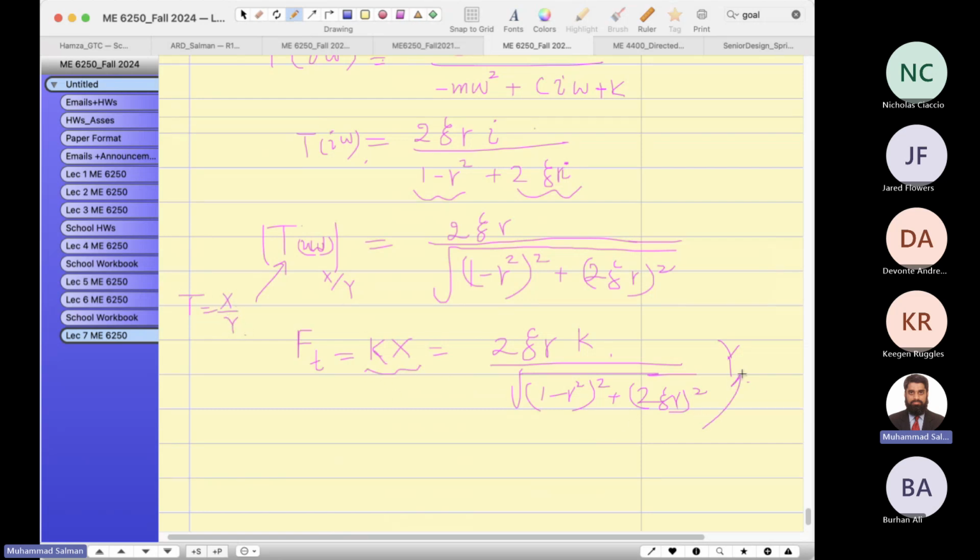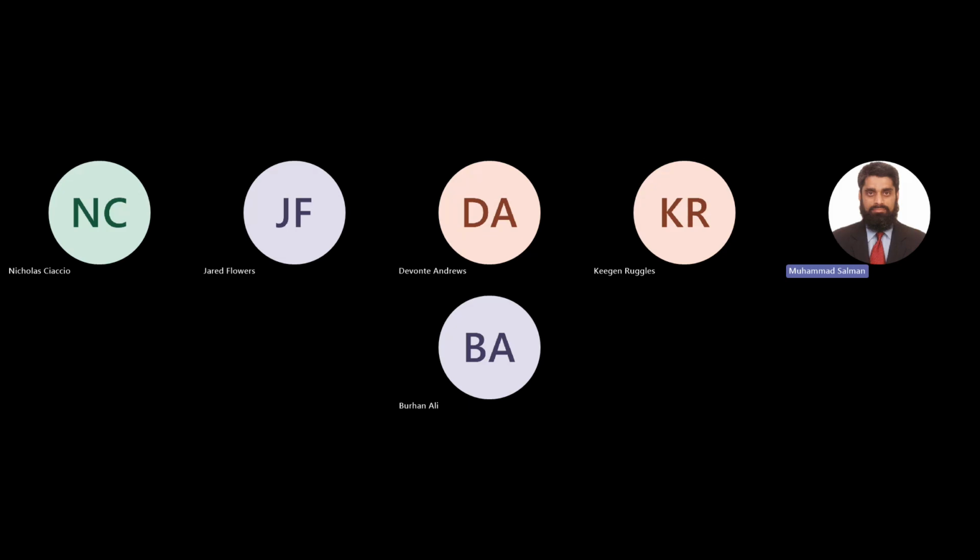So y is cross multiplied to the right hand side, and k is multiplied with x. Have you understood this problem? I'm going to stop the lecture, and I suggest you practice at home. Okay. Thank you.